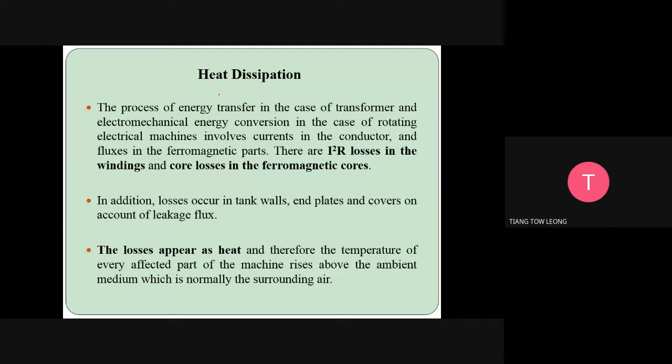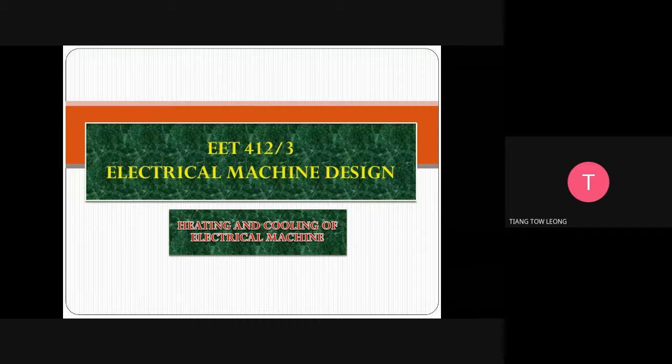Okay, heat dissipation. We will talk about heating and cooling of the electrical machine. Usually heating and cooling of electrical machines is meant for transformers. If you still remember, electromagnetism has two types of machine. I forgot to change the name; this is the last course's slide. In electrical machines we have static and rotating.